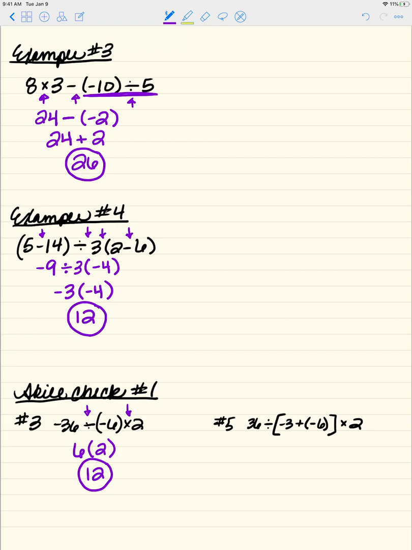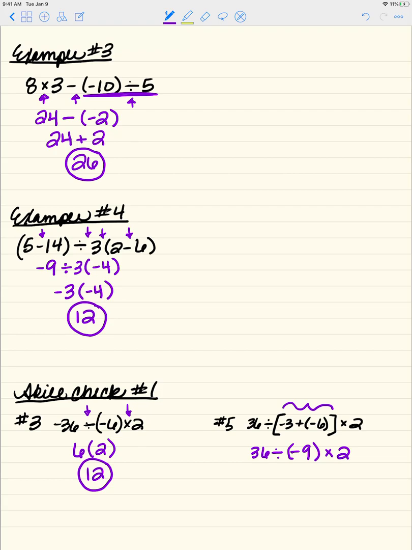Number 5, 36 divided by negative 3 plus negative 6 in brackets times 2. We're going to do our grouping symbol first. 36 divided by negative 3 plus negative 6 is negative 9 times 2.